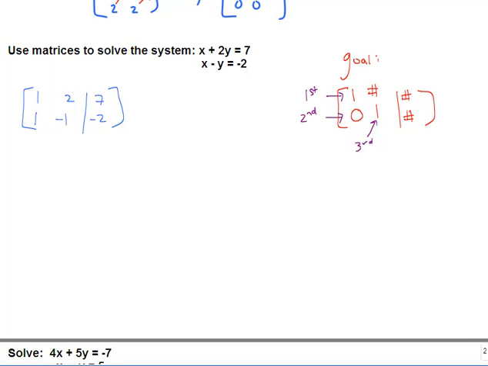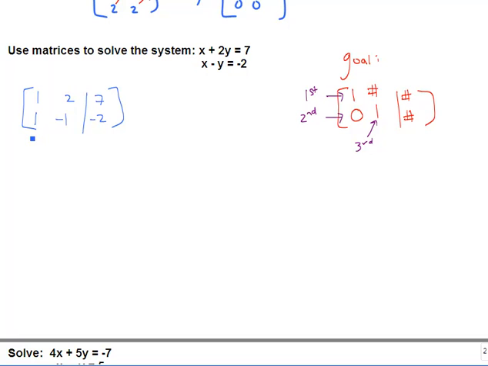So we want to get a 1 in this upper left corner. Look over here, I already have a 1 in that upper left corner, so that's already done. So now all I need to do is get a 0 down in this bottom left corner. So how could I do that? You have a couple of options. Remember that you can always add or subtract 2 rows from each other.